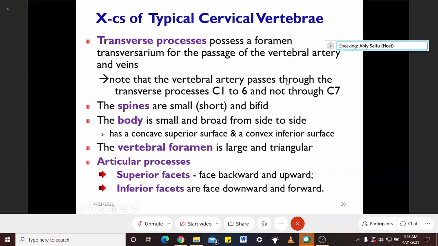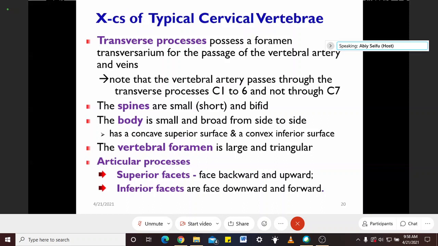But the transverse foramen of C7 allows only the passage of the vertebral vein rather than the artery. The spine here is shorter as well as bifid.